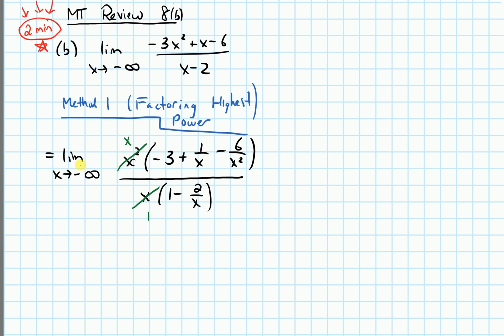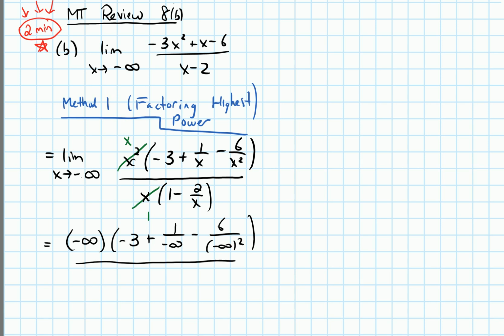Now that we've canceled a little bit, let's try plugging in. If I plug in negative infinity, I get negative infinity for the x out in front, times negative 3 plus 1 over negative infinity minus 6 over negative infinity squared. On the denominator, we have 1 minus 2 over negative infinity.